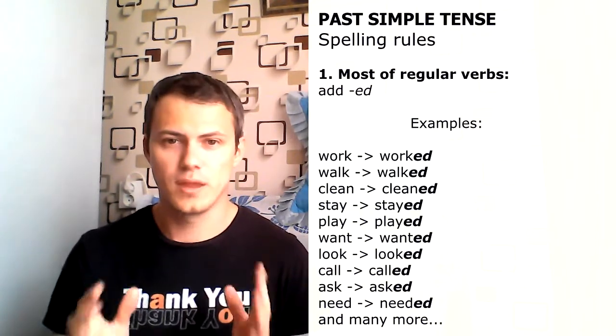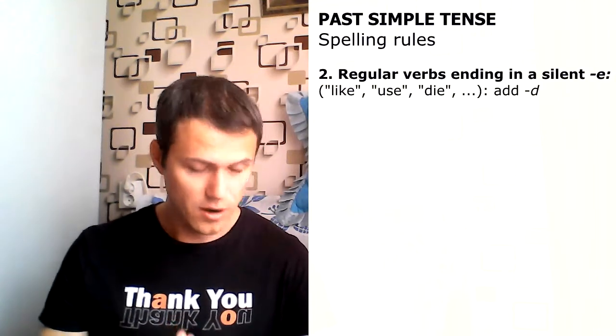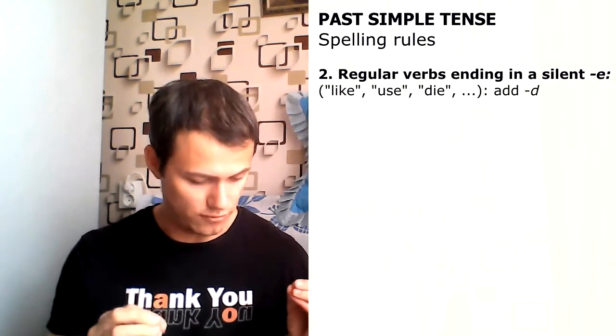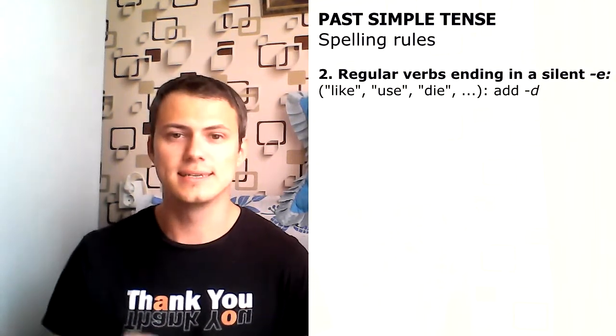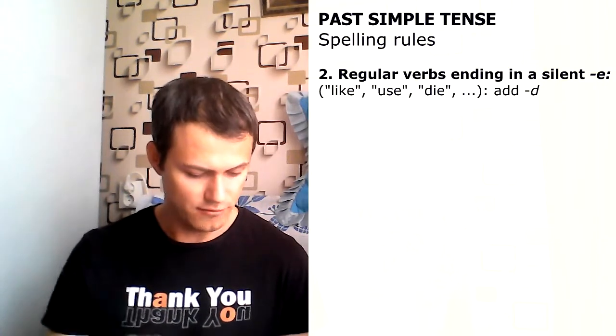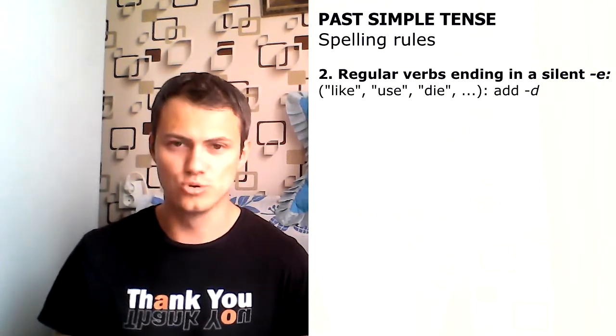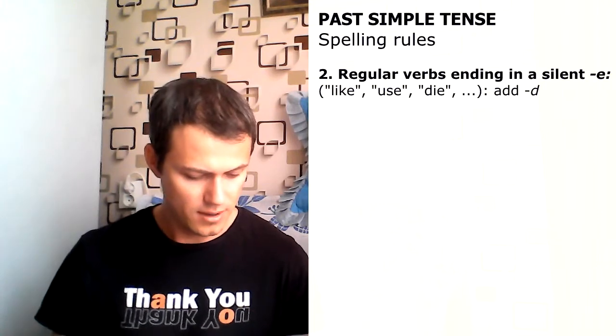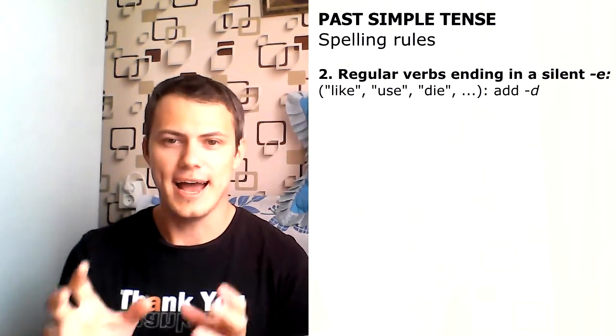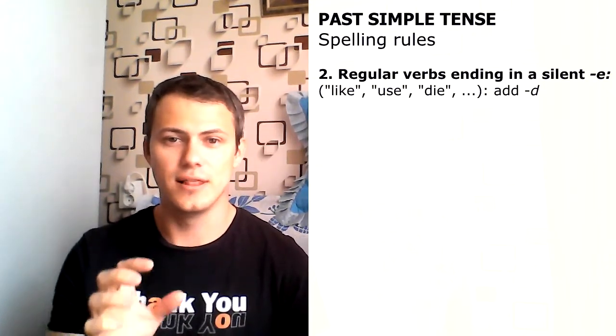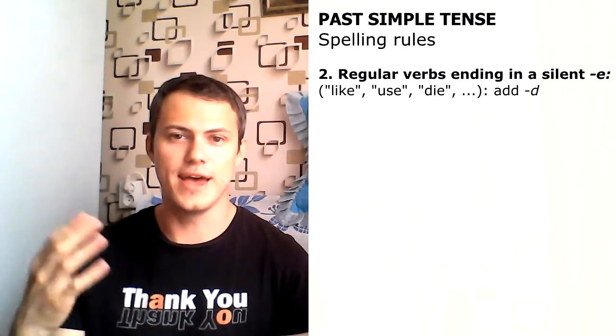So let's move on. For regular verbs ending in a silent E, for example, like, use, die, we should add just the letter D at the end.